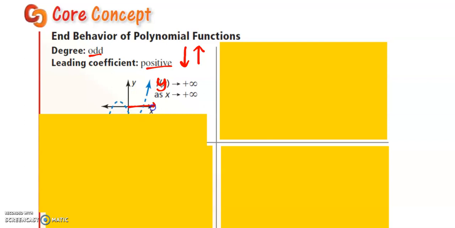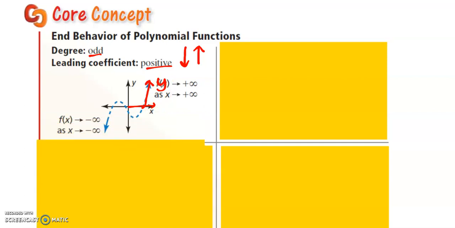Well, as x goes positively, y also goes positively. Next one then, as x goes in the negative direction, what is my y doing? Y, or f of x, is going to negative infinity as well.